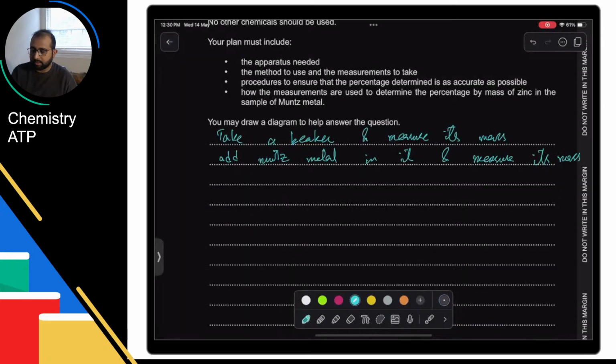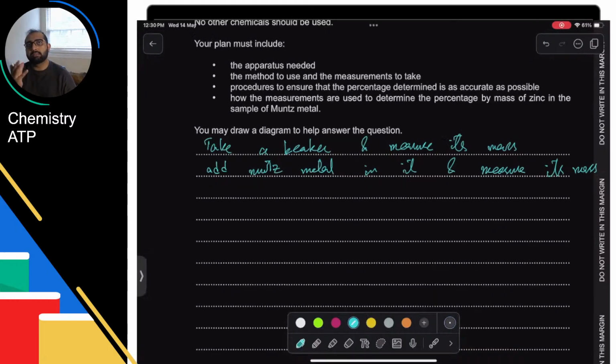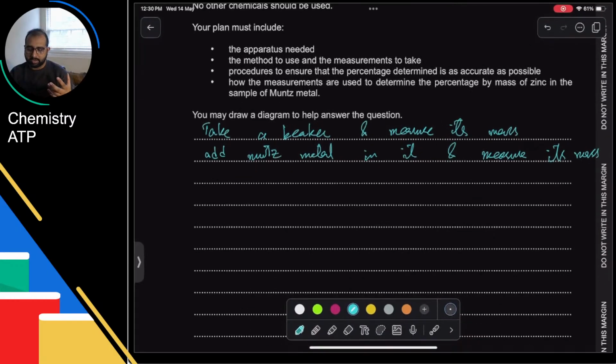Why am I doing this? Because I want to know how much Muntz metal I've added and subtract the beaker's value to figure out exactly the metal.